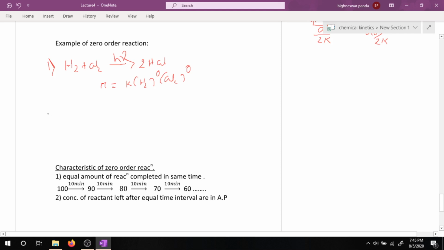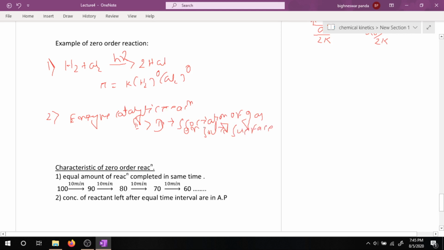Next, another example: all enzyme catalytic reactions. These are examples of zero order reaction. Next, dissociation of gas on solid surface is also an example of zero order reaction.